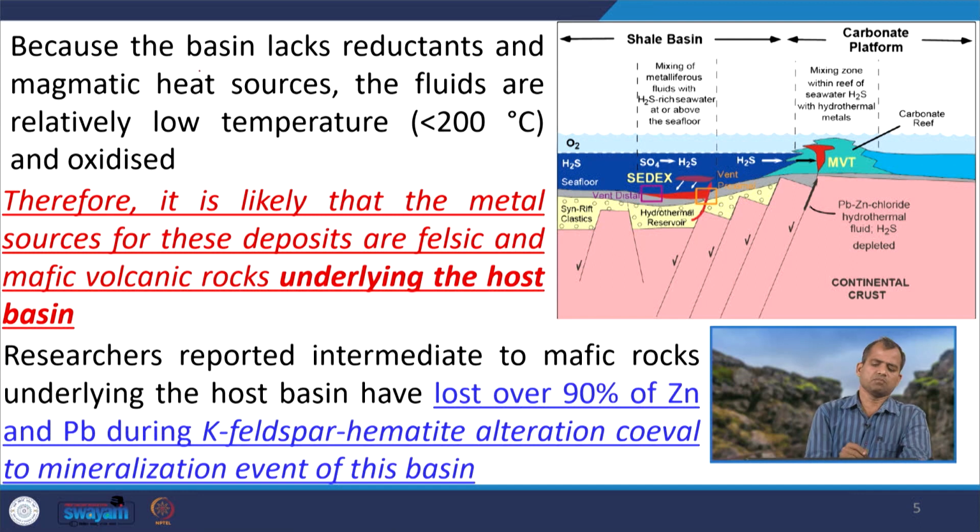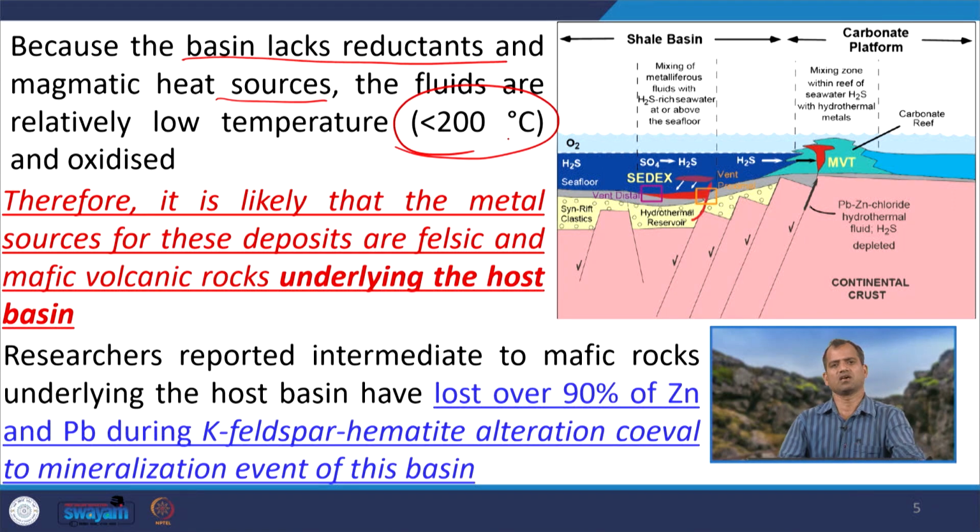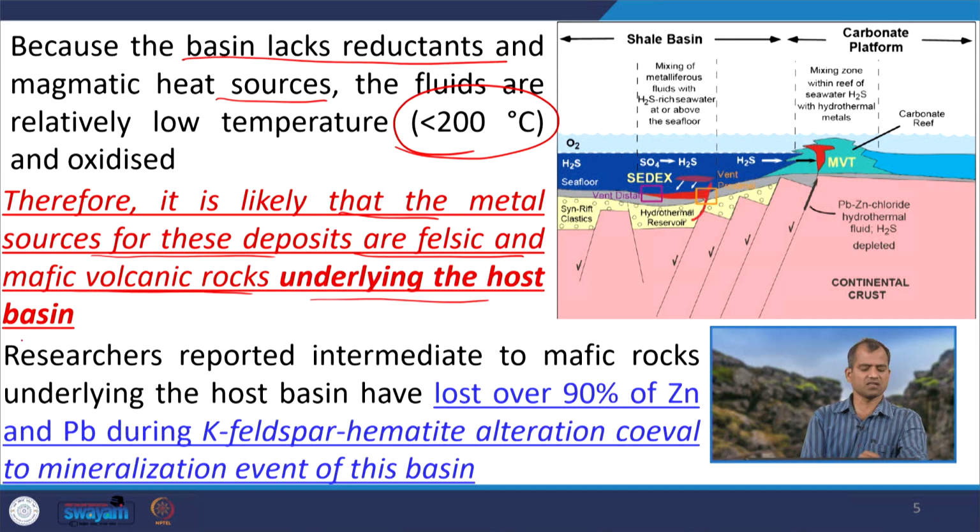Here the basin lacks reductants and a magmatic heat source, and the fluids are at very low temperature, that means cold fluid, less than 200 degrees Celsius. It is therefore likely that the metal source for these deposits is the felsic and mafic volcanic rock underlying the host basin. Now if you remove the sediment and the water from this basin, what will you get?